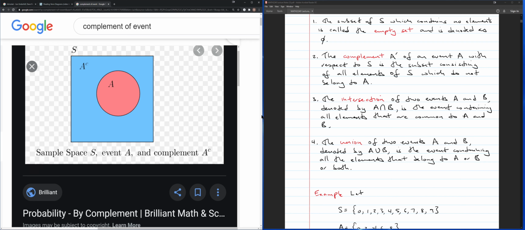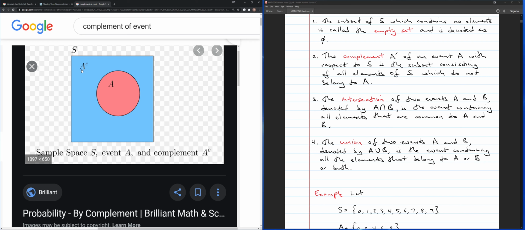And I want the complement of an event A. Now the event A is a subset of your sample space, so this is this reddish pinkish set over here, and your complement of A would be all the elements that are in S that do not belong to A. So you want everything outside of this subset A.